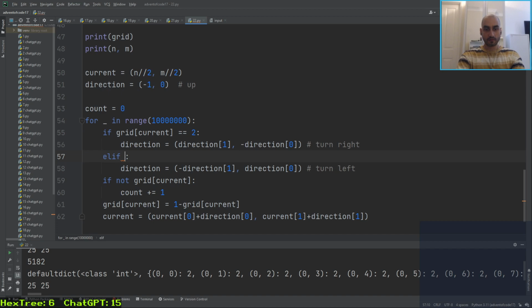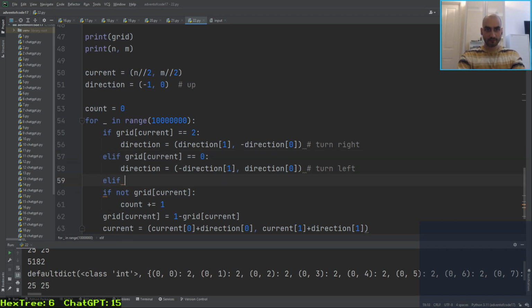Else if grid current equals 0, turn left. And the other one is if it's flagged, we reverse direction. If it's weakened, we do nothing, so we don't need to do anything there. So if it's flagged, we reverse.